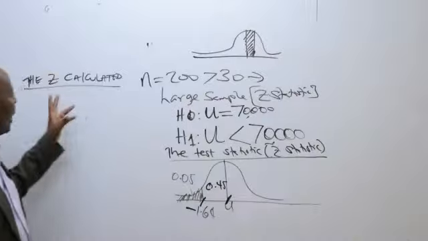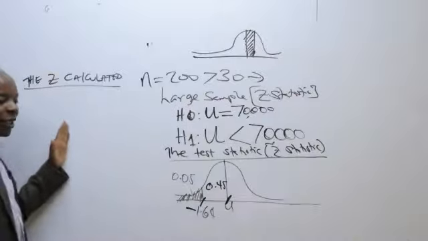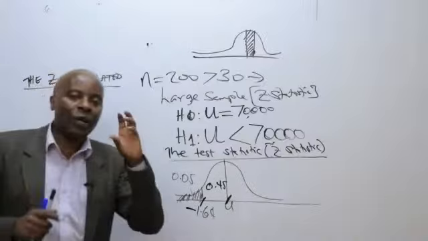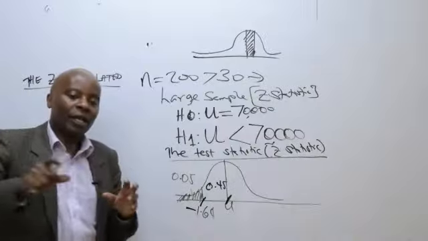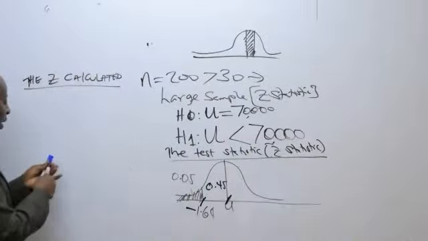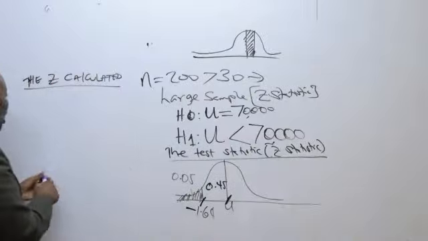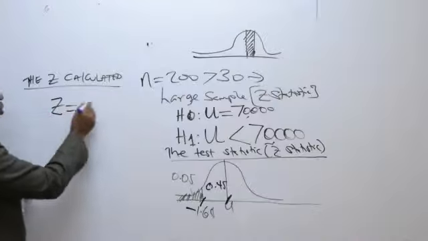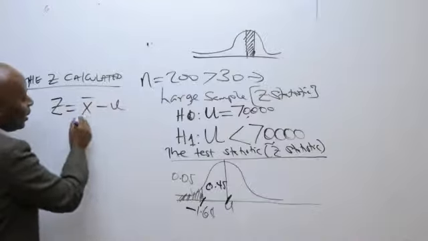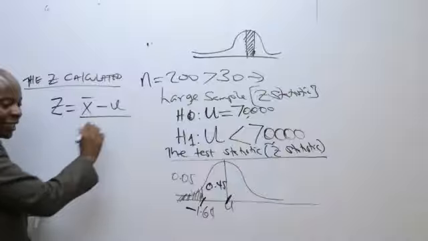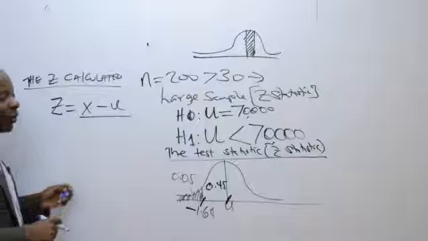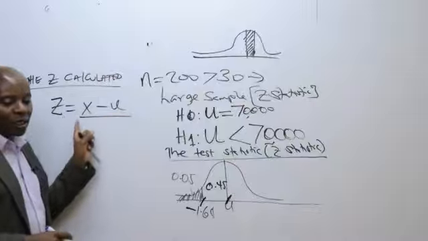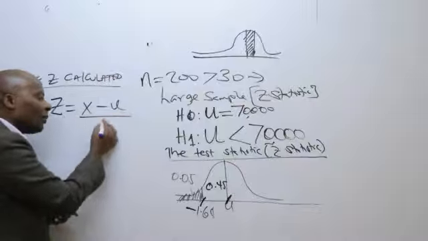Now we come to the last thing here, which is the Z calculated, where we shall be comparing our sample mean and the population mean. Remember, our Z calculated will be equal to X bar minus mu divided by, here you can't talk of standard deviation. The one that doesn't have a bar, where we are talking of X minus mu, this is where we normally divide by standard deviation.